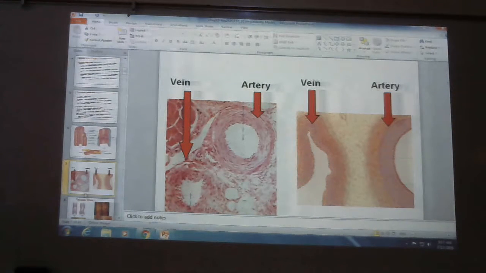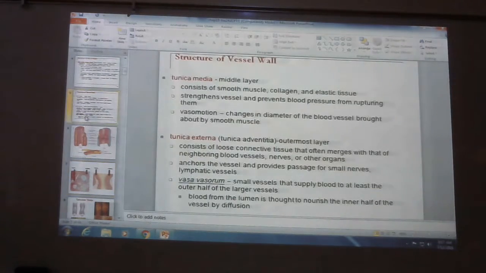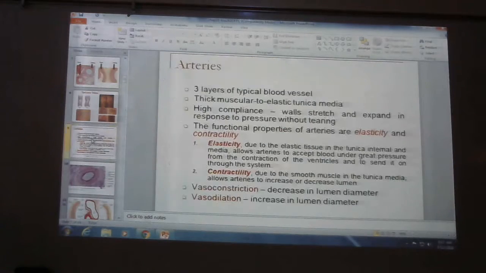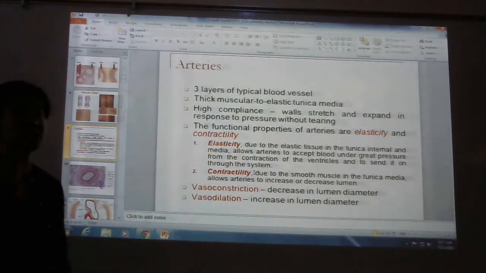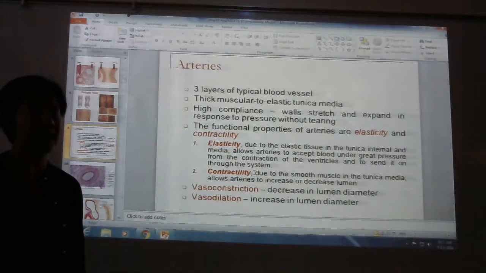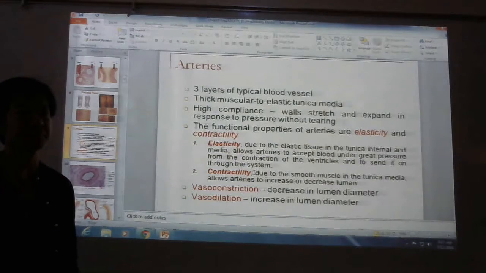So be sure you know how it looks like. So we go back to arteries. As far as arteries is concerned, because of the elastic layer, they have this elasticity. So this term vasoconstriction, vasodilation only applies to the arteries.